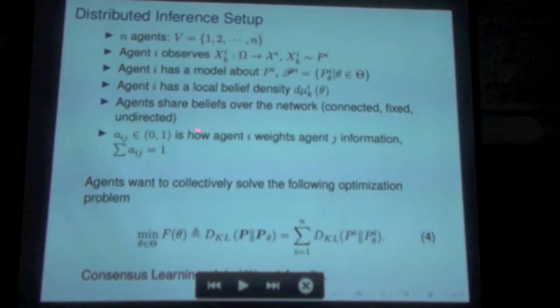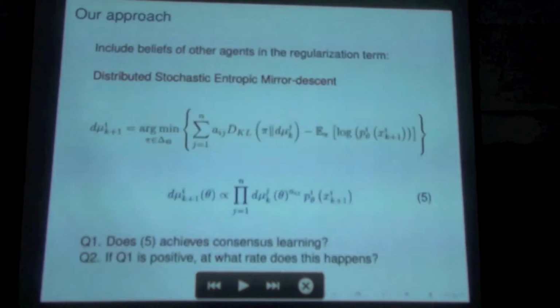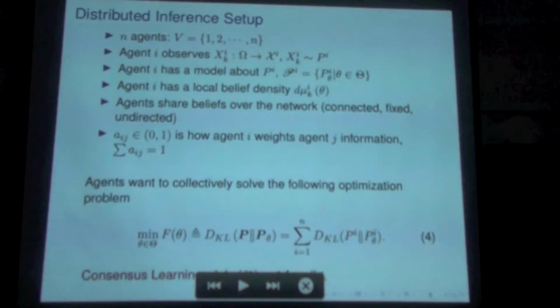And now we have an additional thing, which is that in the same way that in consensus you share your estimates, your current iteration, now we allow agents to exchange their beliefs over the graph. So I'm going to send you the probability distribution that I currently have about the parameter space. And see what happens. And these are, of course, the weights that we always have.